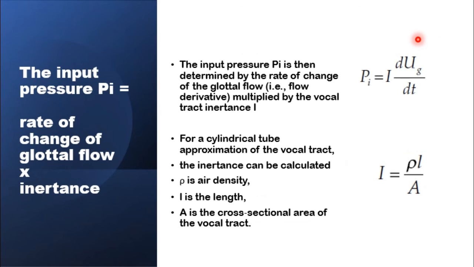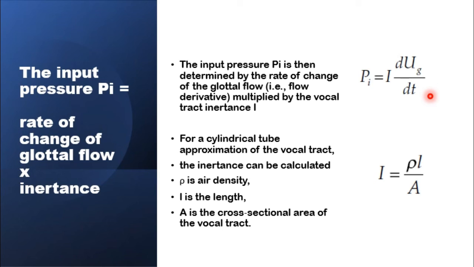So now we need to examine what determines the input pressure in the supraglottal vocal tract. It's actually two things in here. The inertia of the air column above the glottis up to the lips, and the rate of the glottal flow, the change in the glottal flow over time. That is to say, the glottal flow through the glottis over a time period.